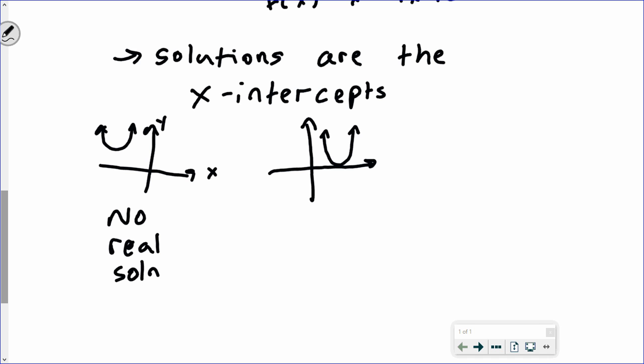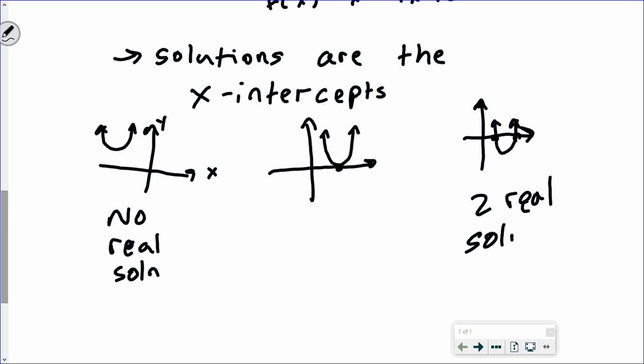And those graphs, of course, only touch the x-axis at one point. And then, of course, the more common parabola for us, ones that cross the x-axis twice, have two real solutions. We saw examples of all of these. So that's a summary of 9.2.